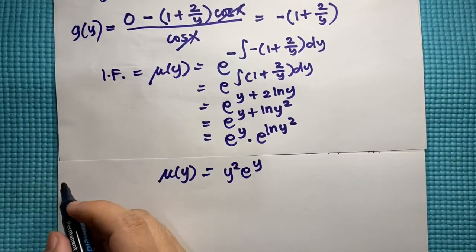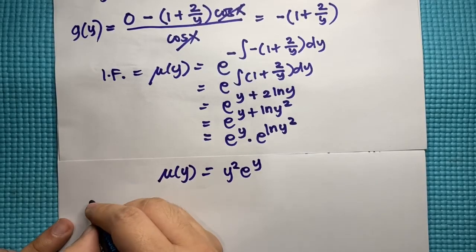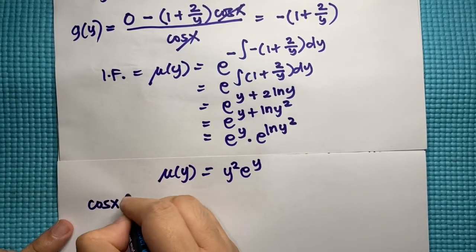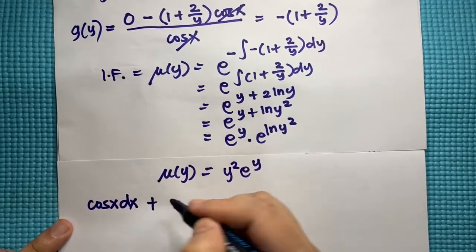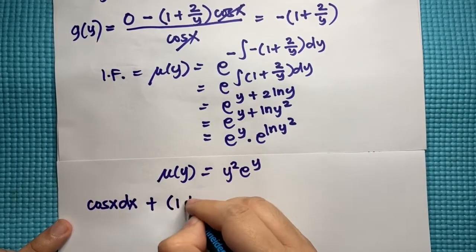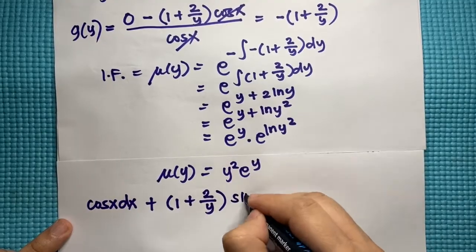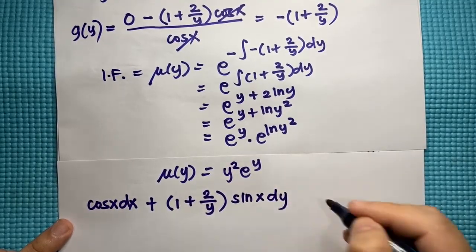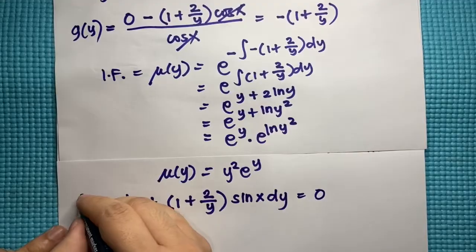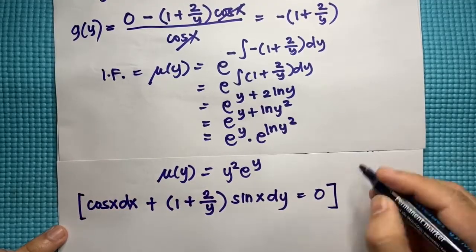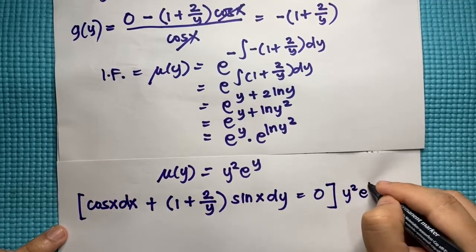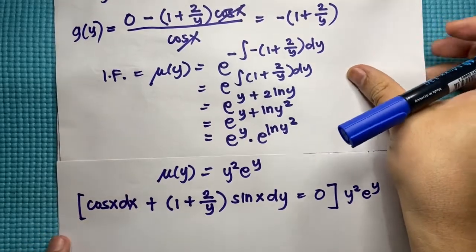So let's multiply this with our original equation: cosine x dx plus 1 plus 2 all over y sine x dy is equal to 0. Multiply everything by y squared e raised to y.